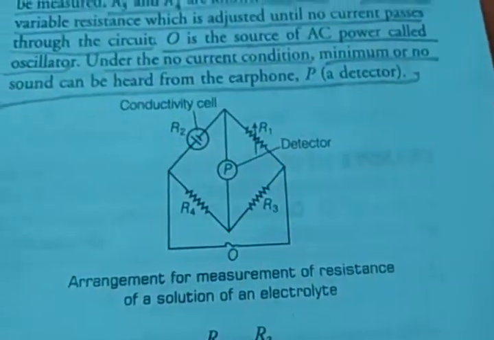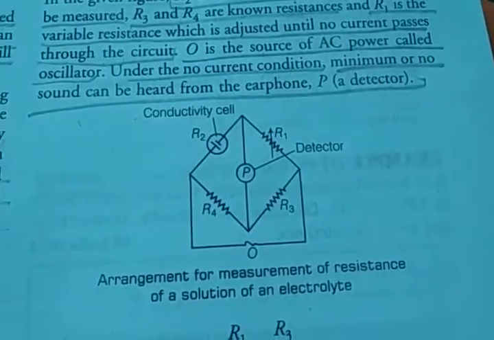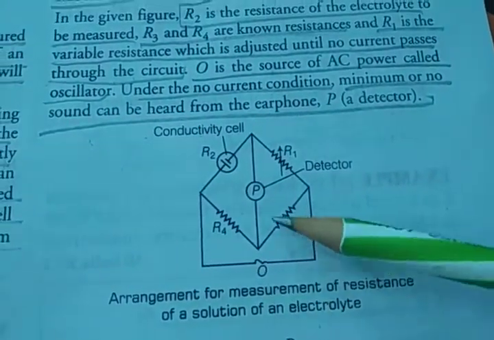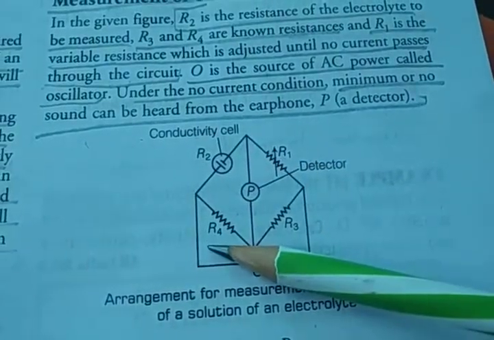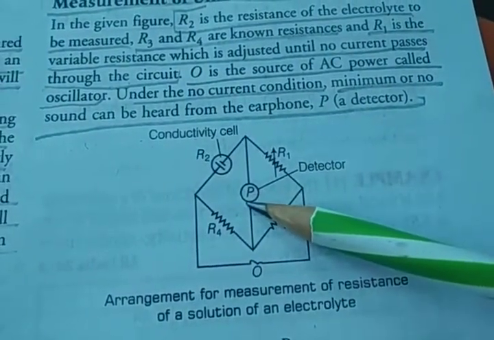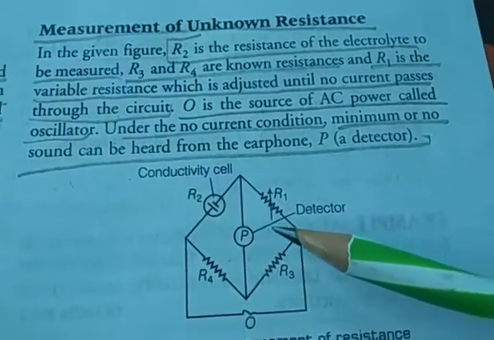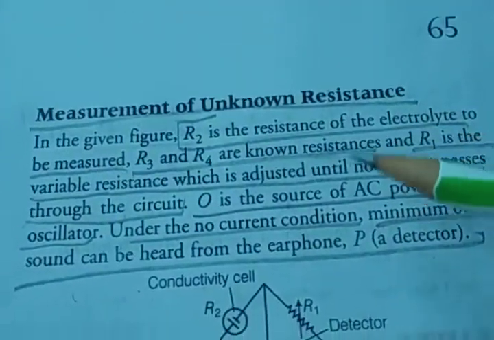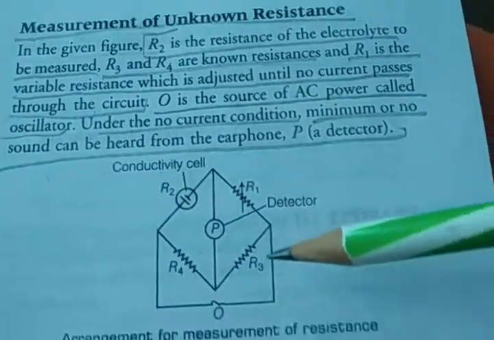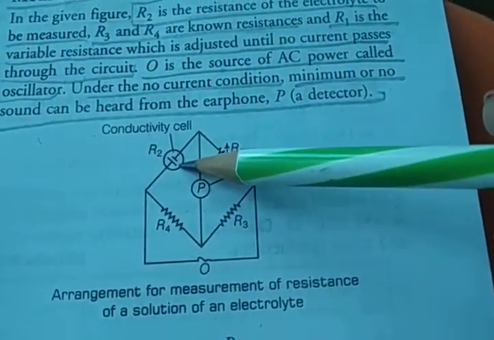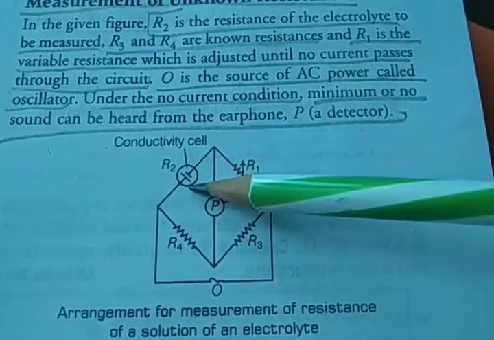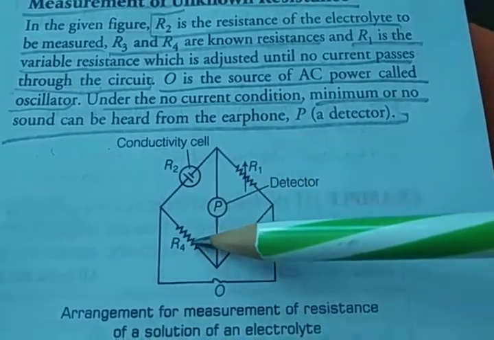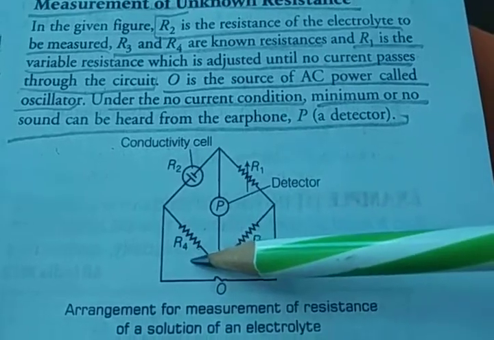So here you see, this is the Wheatstone bridge. There are four resistances, R1, R2, R3 and R4, and between them a detector P. For measurement of the unknown resistance in the given figure, R2 is the resistance of the electrolyte to be measured, and R3 and R4 are known resistances.